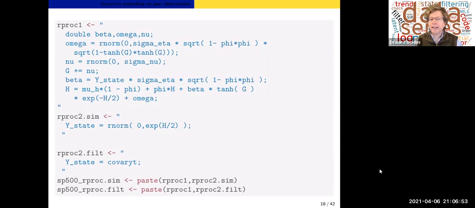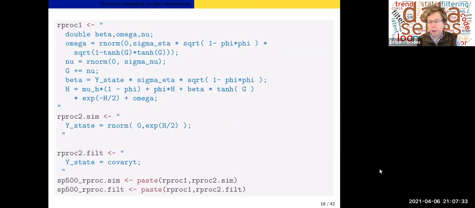And for simulating, I generate a new Y state. For filtering, I use the actual data for my Y state. And then once I've written the code in these two ways, I can get two versions of the R process by pasting together the common part with the specific part for these two cases. So rproc1 is intended to faithfully represent the equation that I wrote down above. So you can check whether it does that successfully.